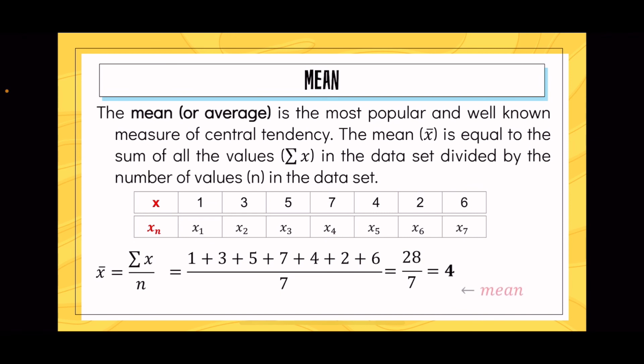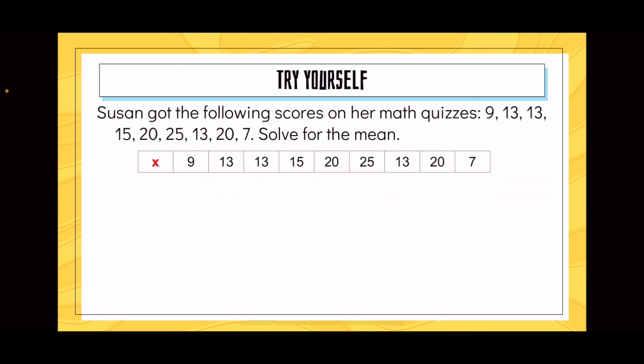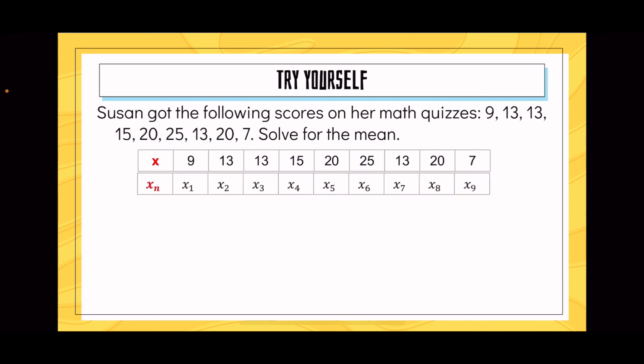Very good. So I want you to try this for yourself. Susan got the following scores on her math quizzes: 9, 13, 13, 15, 20, 25, 13, 20, and 7. I want you to solve for the mean. So the first thing that you're going to do is to add all the scores.